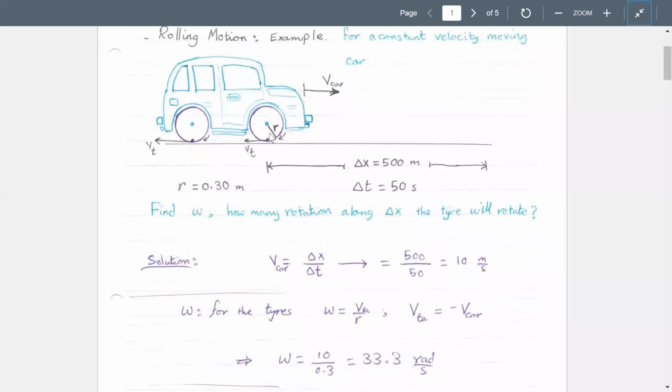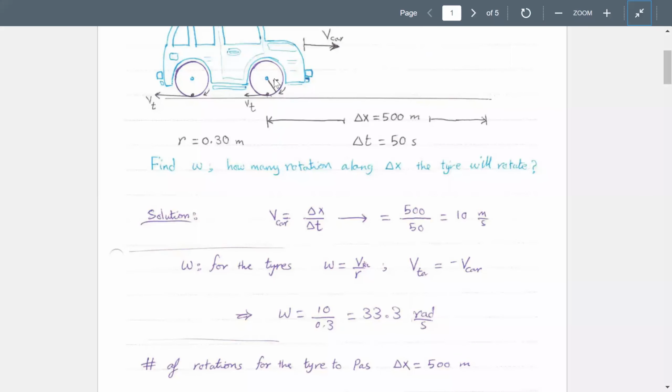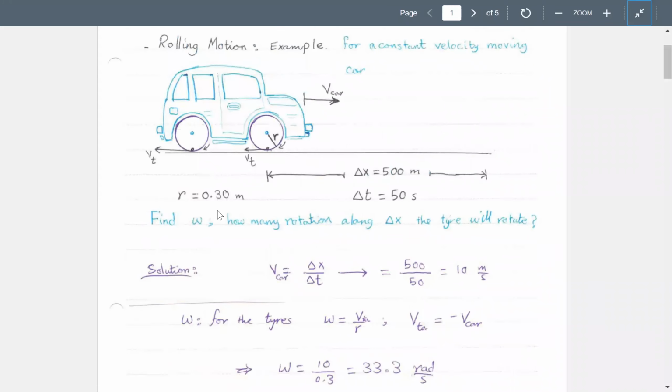what if we need to find the omega, or the angular velocity of the tire? From the previous lecture, we see that v tangential is equal to r multiplied by omega. And v tangential, in our case, is equal to the velocity of the car, but in the opposite direction, right?